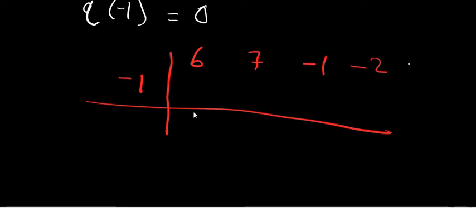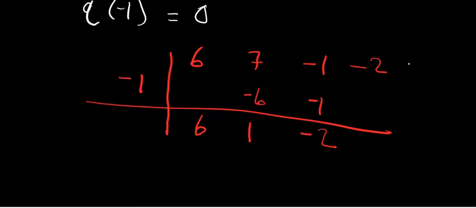So if I say 6 plus 0, it is 6. -1 times 6, it's -6. 7 minus 6, it is 1. -1 times 1, it is -1. -1 plus -1, it's -2. -1 times -2, it's going to be 2.